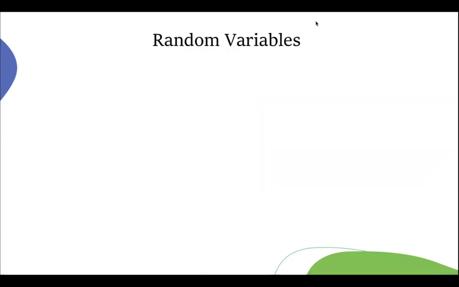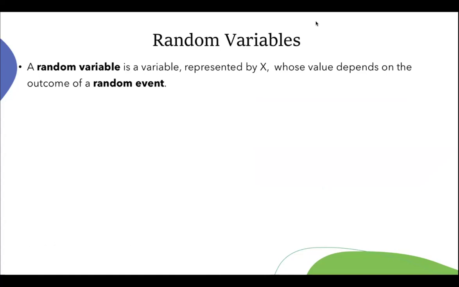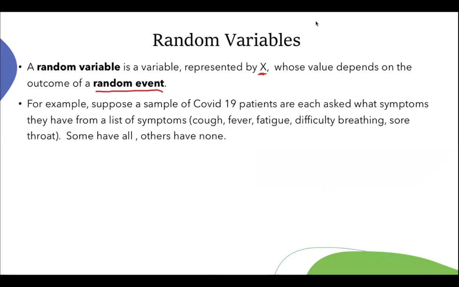So let's start talking about random variables. A random variable is a variable that we represent with the letter capital X. The value of the variable depends on the outcome of a random event. Let's look at an example. We have a sample of COVID-19 patients.